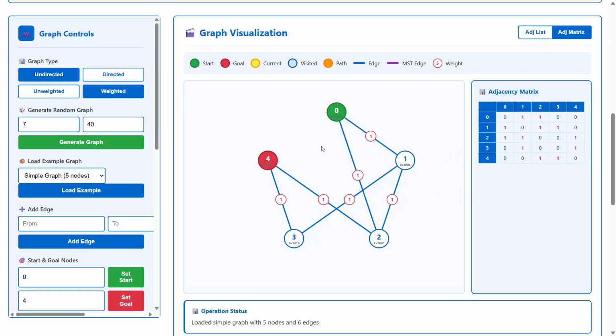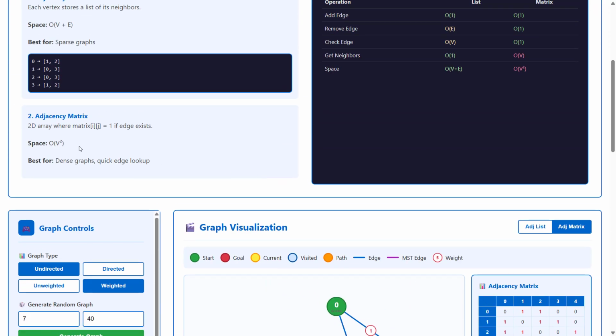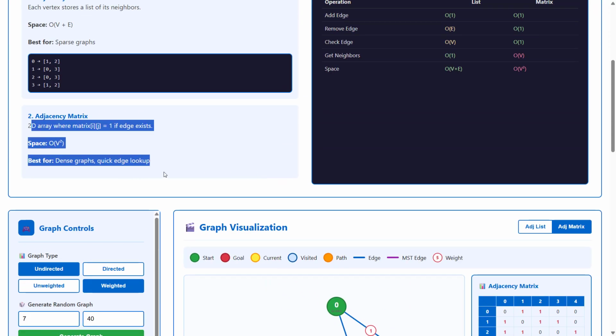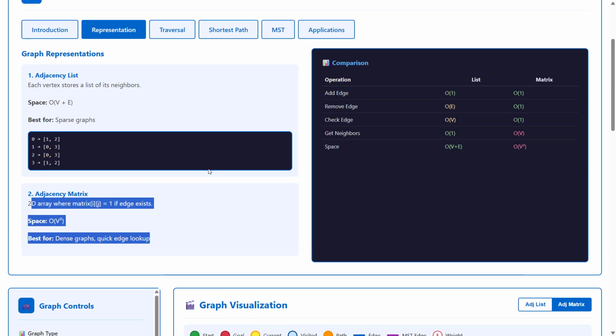The advantages of an adjacency matrix are we can check if any edge exists in constant time, O(1). Just look at the matrix position. It's simple to implement. It works best for dense graphs, meaning graphs with many edges. The disadvantage is that it uses O(V²) space. For sparse graphs, this wastes a lot of memory.